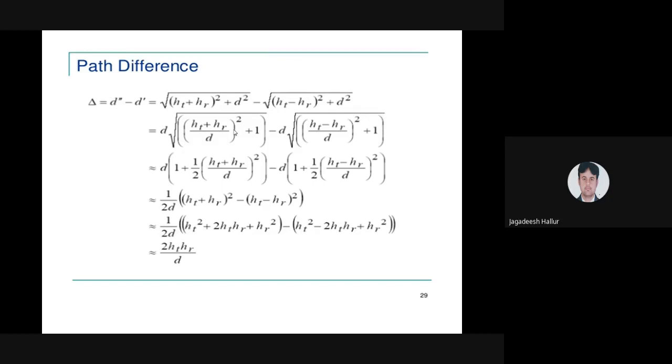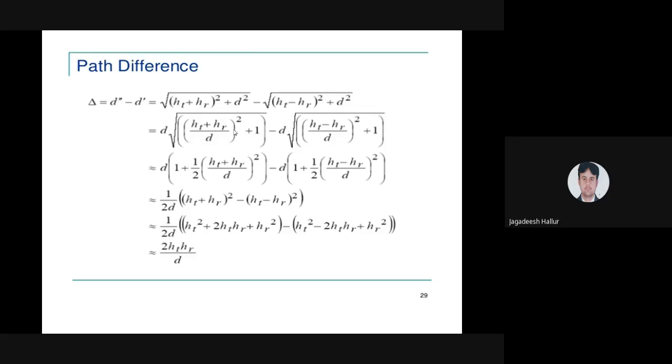If you have taken 1/(2d) outside, the remaining terms in this equation are (ht + hr)^2 minus (ht − hr)^2. So you can use the formula of (a + b)^2 and (a − b)^2. (a + b)^2 is what? a^2 + b^2 + 2ab. (a − b)^2 is a^2 − 2ab + b^2.